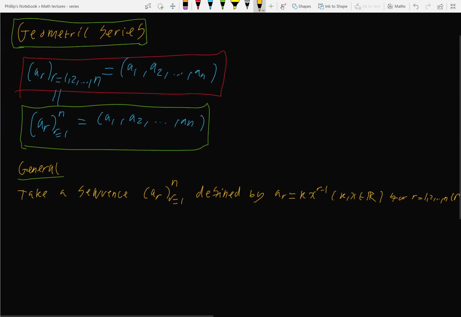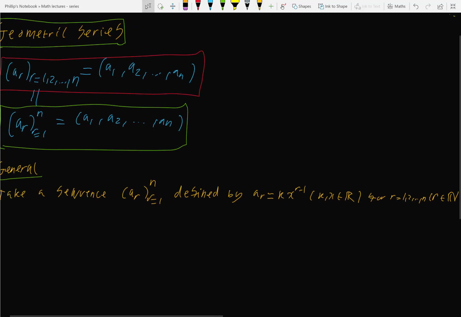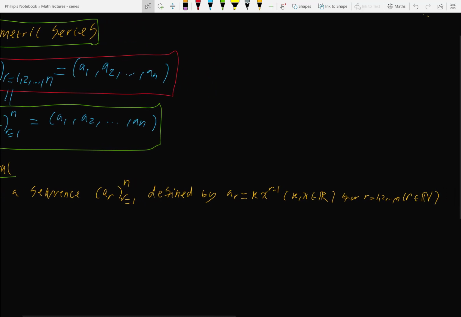Okay, so take a sequence a underscore r from r is equal to 1 to n defined by a underscore r is equal to k times x to the r minus 1 for r is equal to 1, 2 to n.